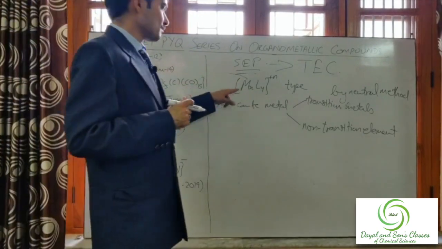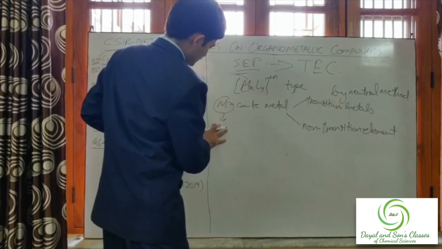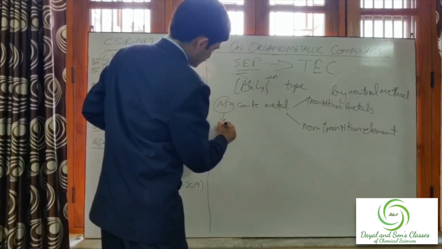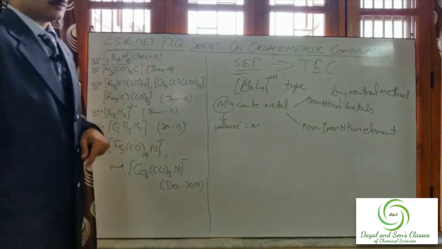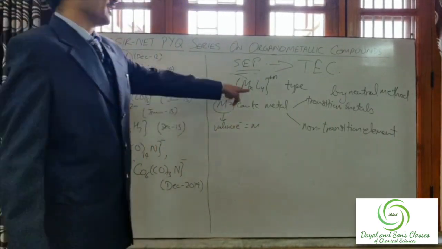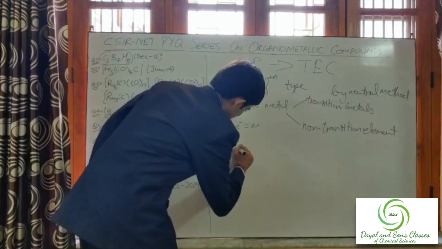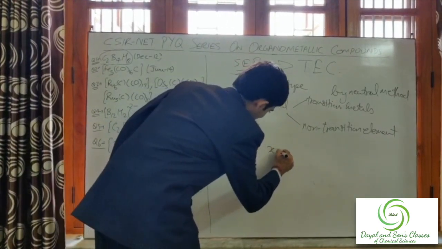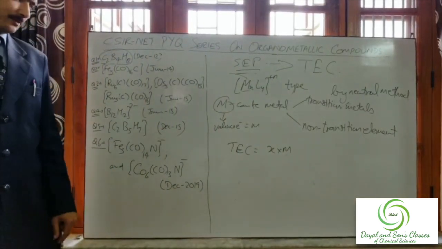Now, if this M has valence electrons equal to m, one metal has m valence electrons, then x metals of M will contribute x into m electrons toward the structure.